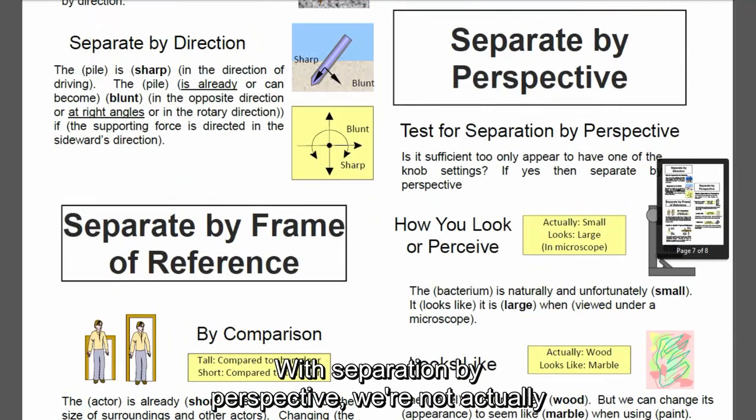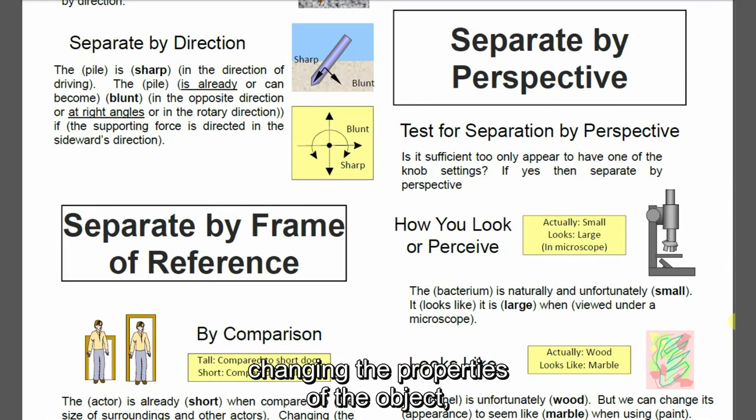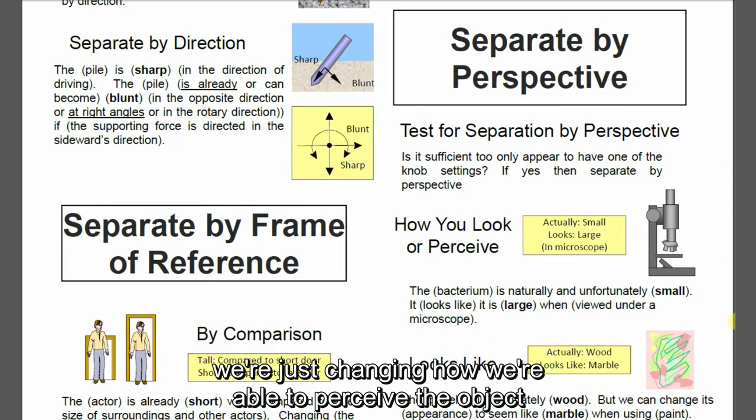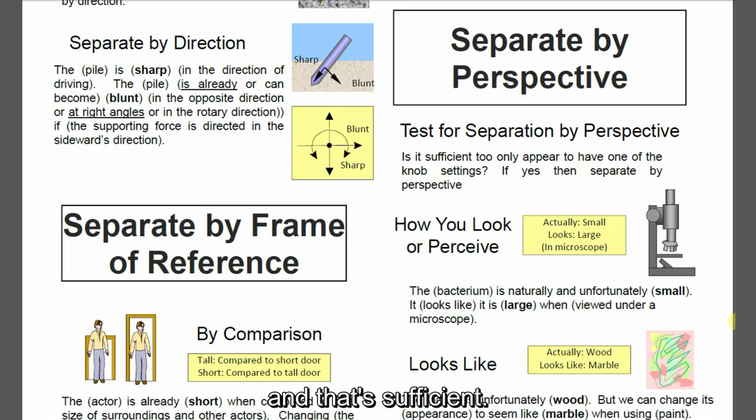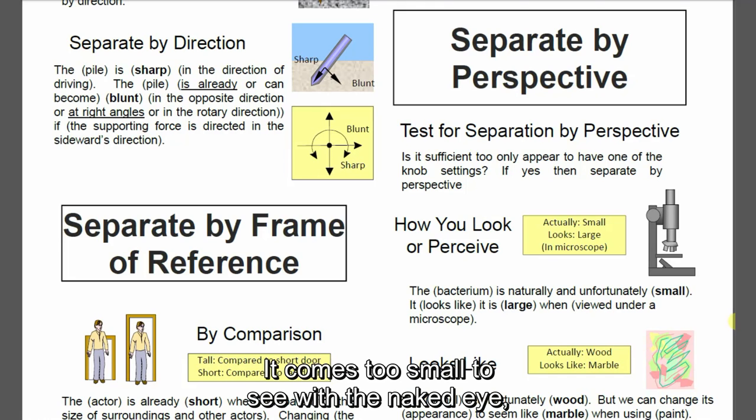With separation by perspective, we're not actually changing the properties of the object. We're just changing how we're able to perceive the object, and that's sufficient. So you want to look at a bacterium. It's too small to see with the naked eye.